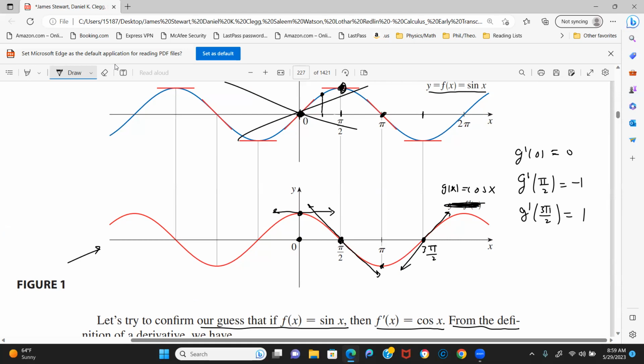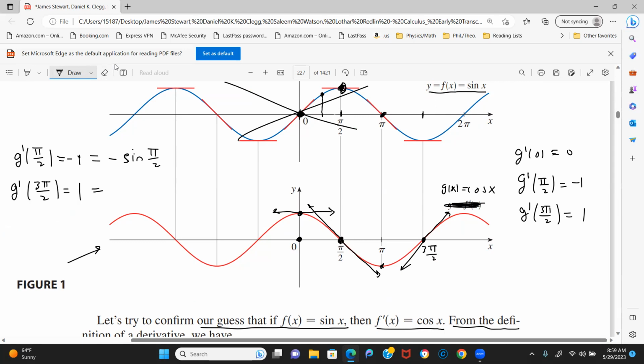Now we can see why these derivatives could be negative. So let me write it over here. g prime of pi over 2 is -1. And that's going to be equal to negative sine of pi over 2, right? Because sine of pi over 2 is 1. So if you throw a negative on there, you're going to get the derivative. And then let's look at the next one. g prime of 3 pi over 2 is going to be 1.